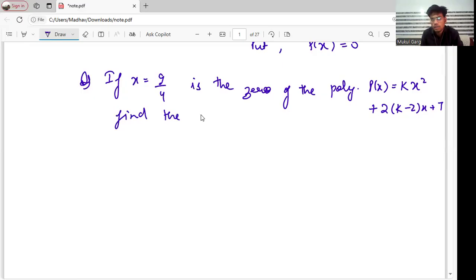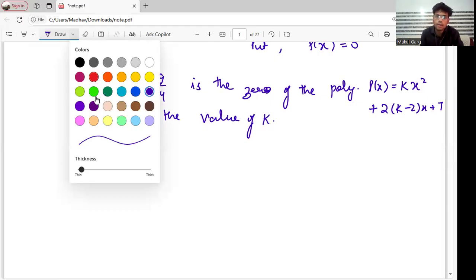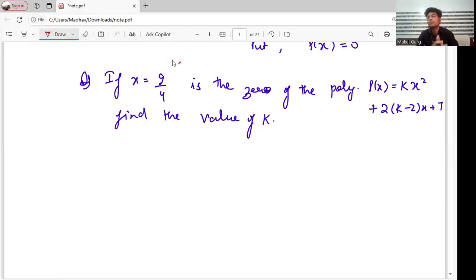We will use the concept that we have learned, that 0 is that value of the variable at which the value of our polynomial becomes 0.